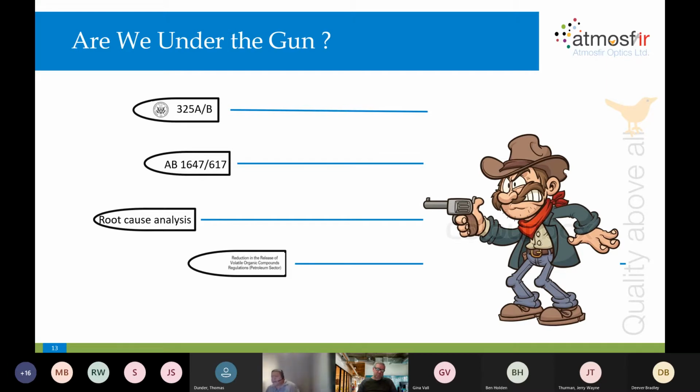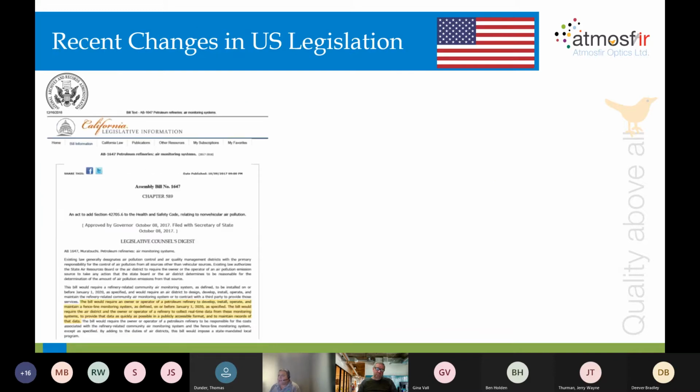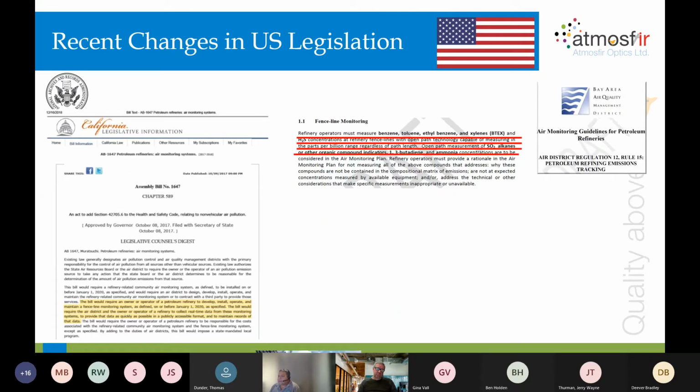And then California took it one step further with two regulation, AB 1647 and AB 617. And a lot of time you need to do root cause analysis and a lot of other rules, like you can see in this slide.